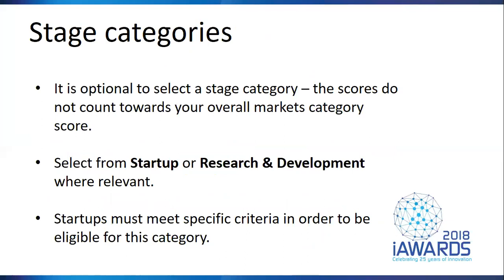Unlike what I referred to in technology, by selecting general, the technology is still going towards your market score. So stage is completely different because obviously it's not relevant to everyone. So the scores for your stage categories do not count towards your overall market category score. But if you do select startup or research, then you will be in the running for those particular awards.